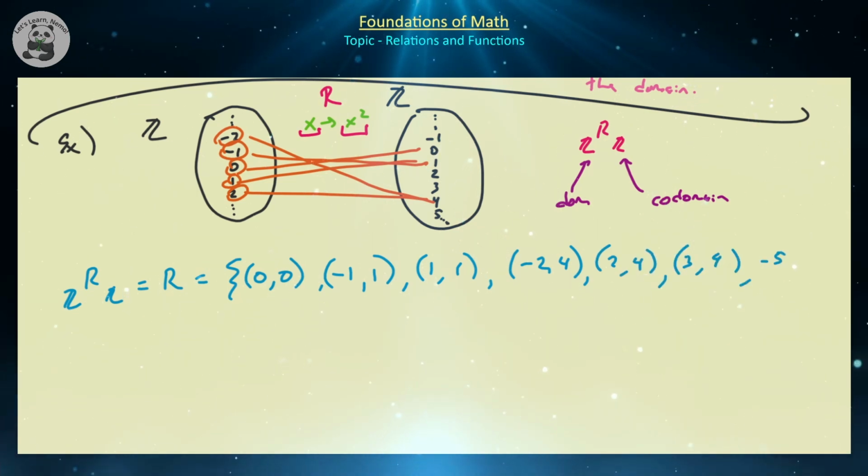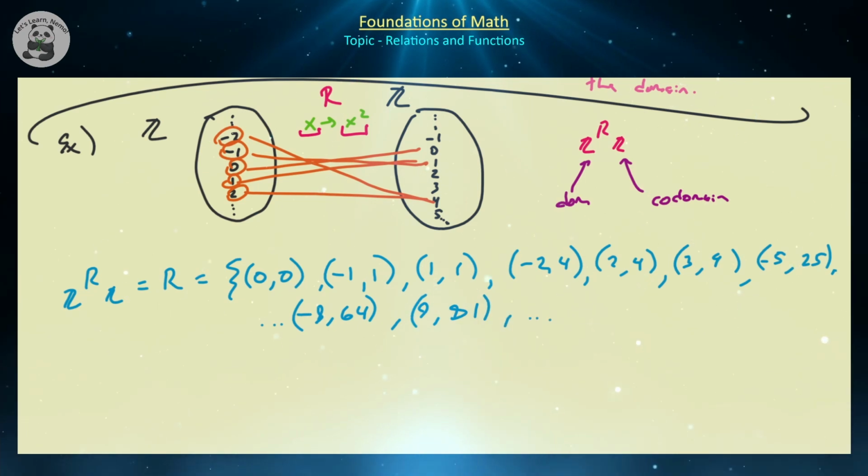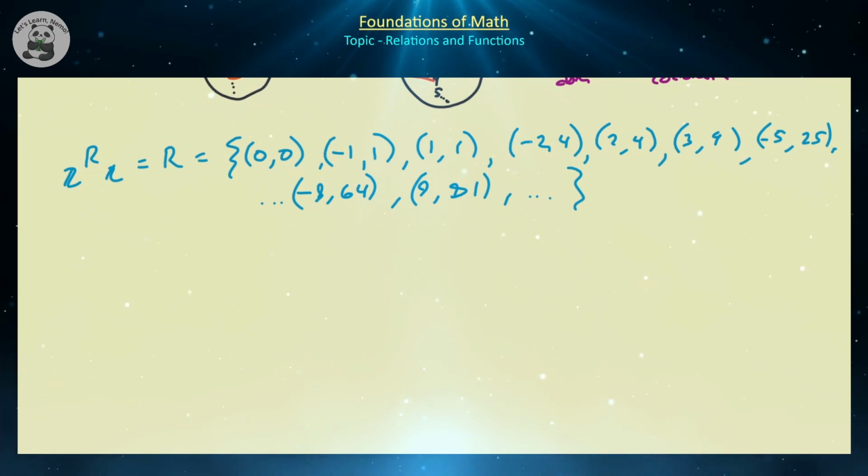And if I pick, for example, -5, that's going to be mapped to 25. There are several other numbers that I could pick in here. For example, I could pick -8. That's going to be mapped to 64. If I pick 9, that's going to be mapped to 81. And there are, of course, infinitely many other values that are located in this set.